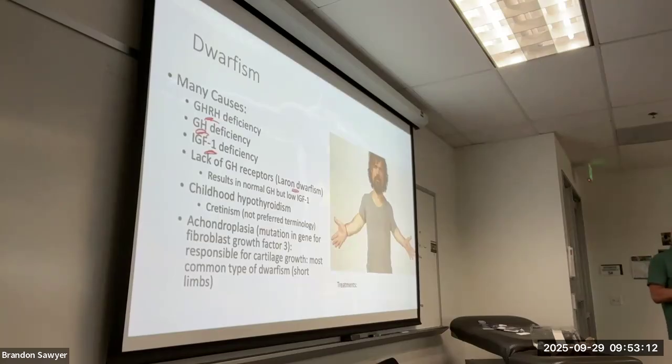And then childhood hypothyroidism is another version of this. This is what's commonly, hopefully less commonly now, known as cretinism, which is not the preferred term, but your textbook actually still uses it, so I felt it was important to put in here.